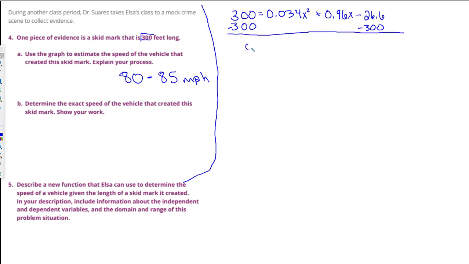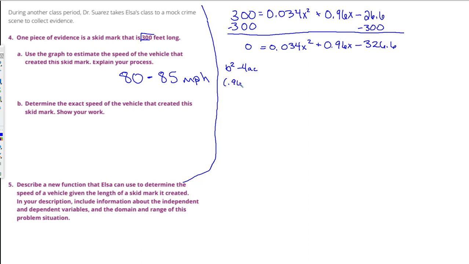And so that gives me 0 is equal to 0.034 x squared plus 0.96 x minus 326.6. I'm going to plug it into the b squared minus 4ac first.